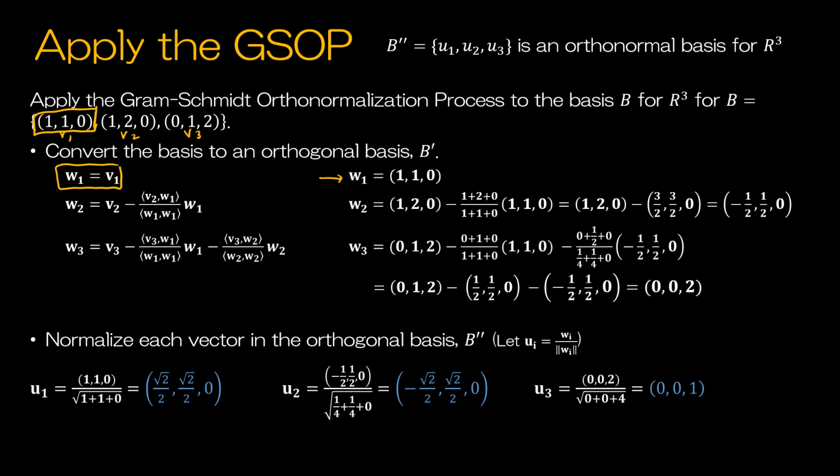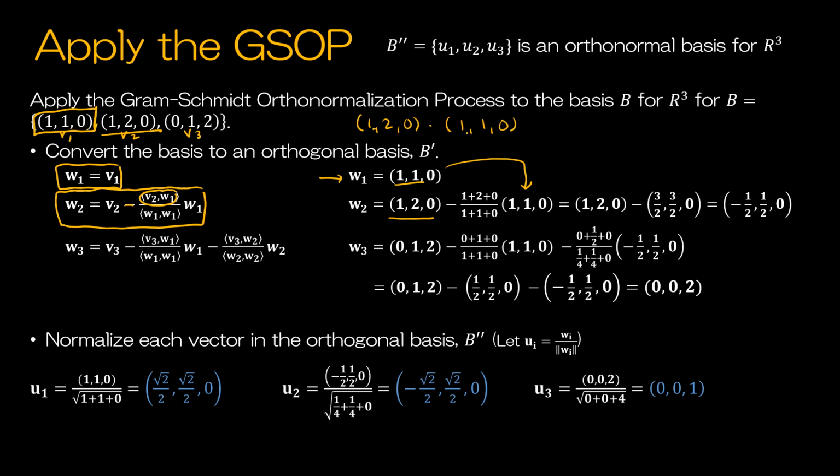Now, W2, it says take V2, so V2 is 1, 2, 0, and subtract, and now we're going to use W1 here, so that's V2 dot W1: 1, 2, 0 dot product with W1, which is 1, 1, 0.